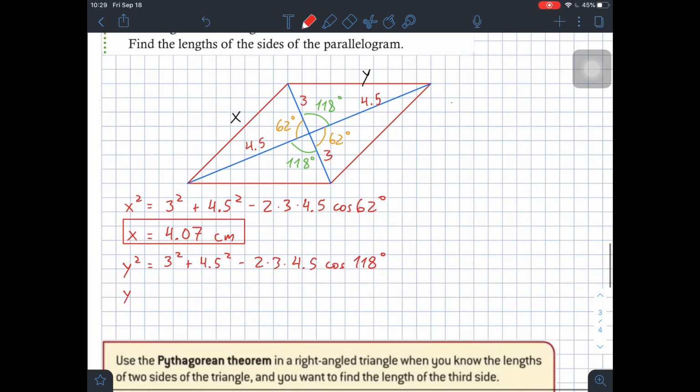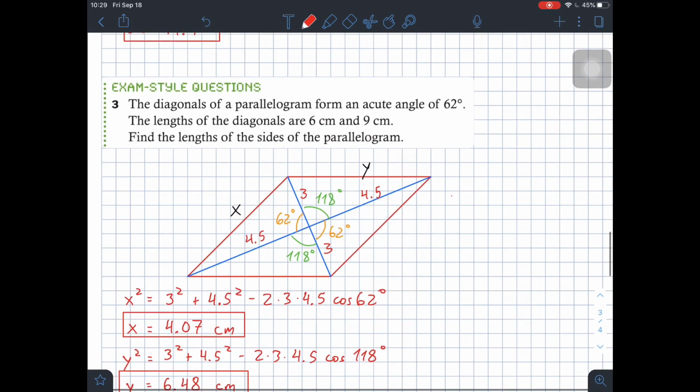If you solve for this, you're going to get the second result, which is the answer for y. y is equal to 6.48 centimeters. Okay, so that's how we solve this particular exam style question.